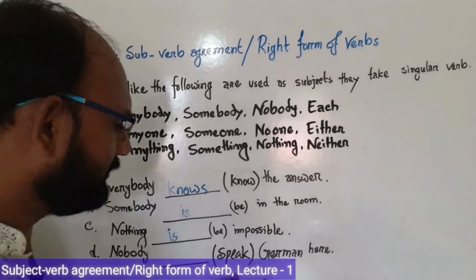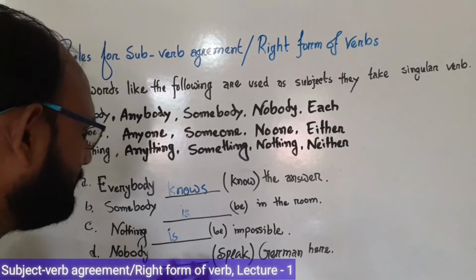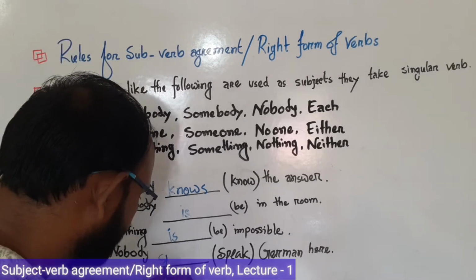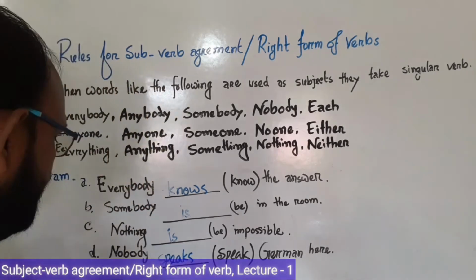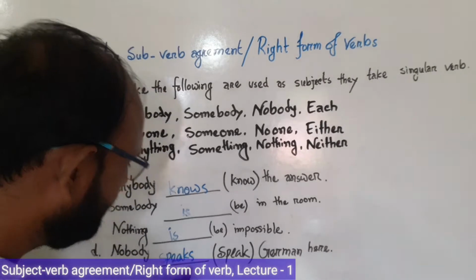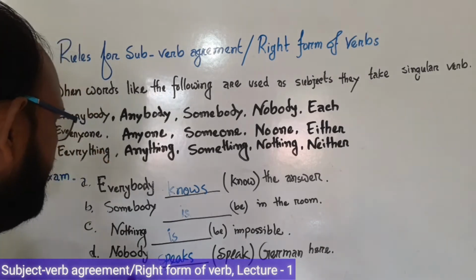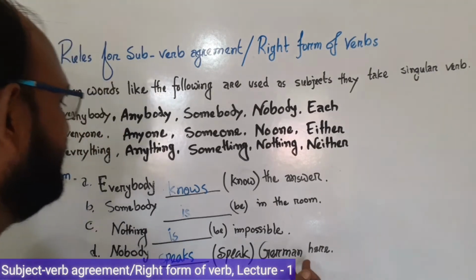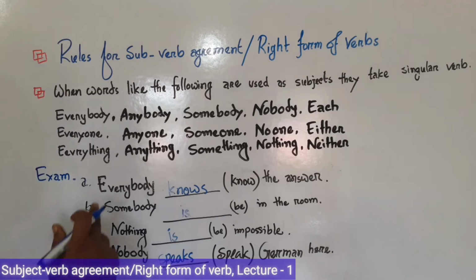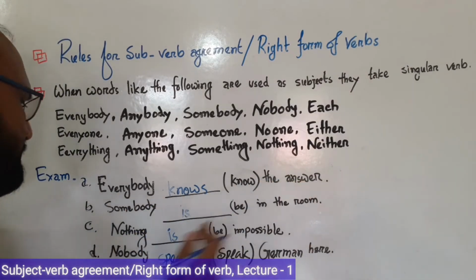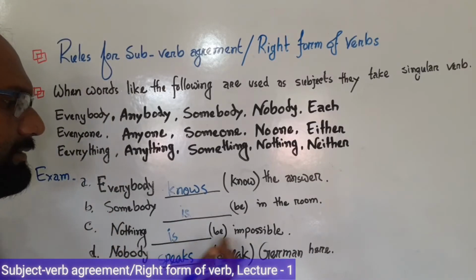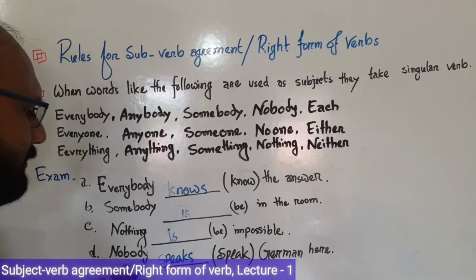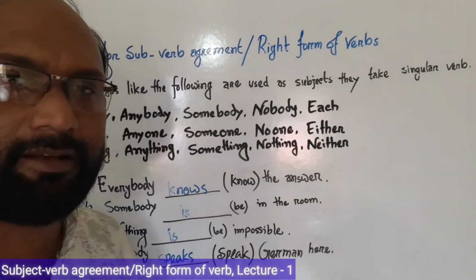We will use the singular verb after nobody: speaks. Nobody is singular, so we will write a singular verb. The answers: Everybody knows the answer. Somebody is in the room. Nothing is impossible. Nobody speaks German here.